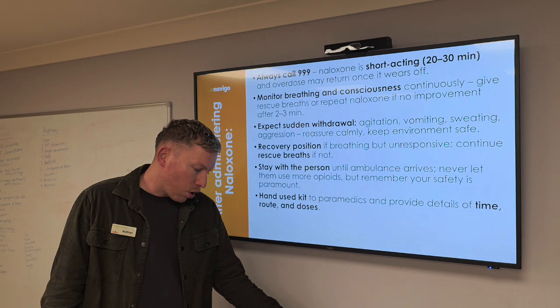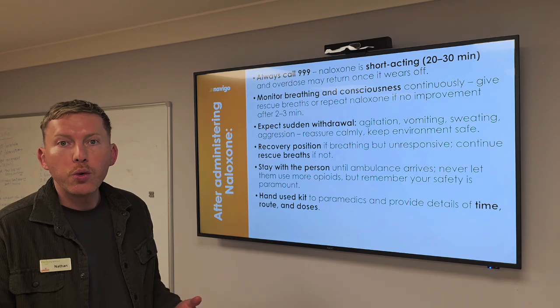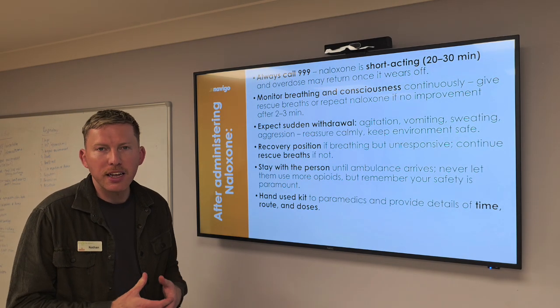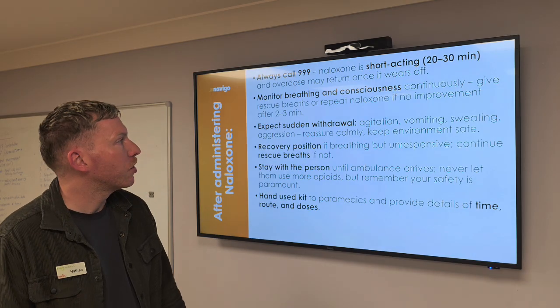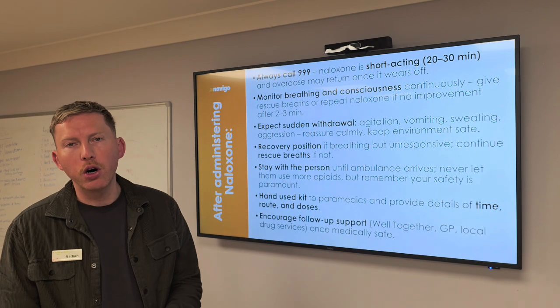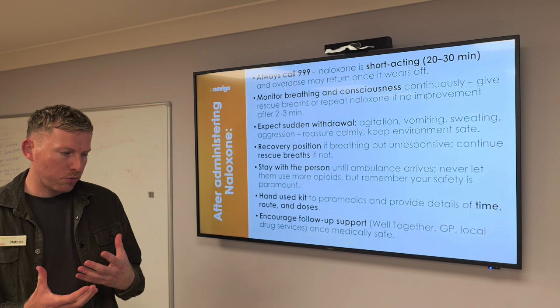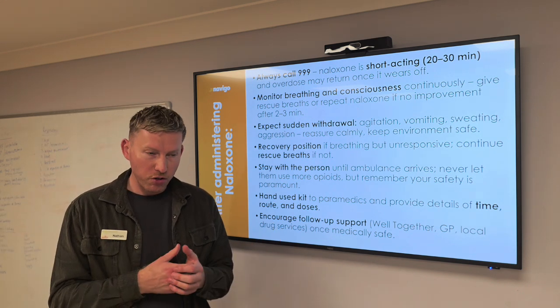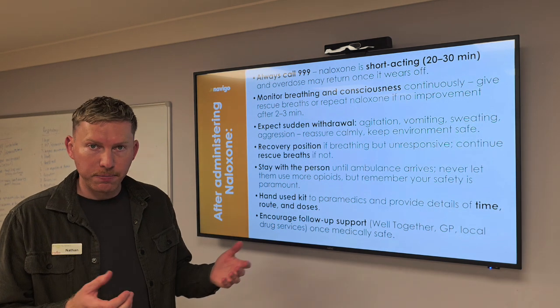Hand the kits or your injections to the paramedics when they arrive. Try to remember when you administered it, just so they can hand over to the hospital on their arrival. Encourage follow-up support. So you've come across someone who you suspect is having an opiate overdose. What support are they getting? Are they getting any?